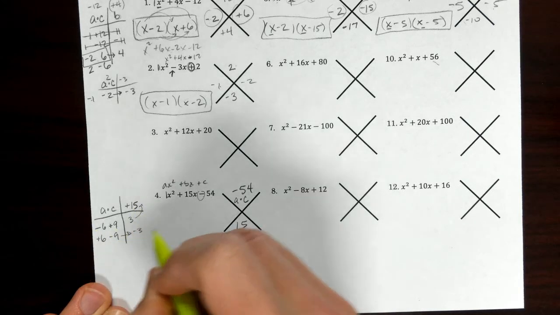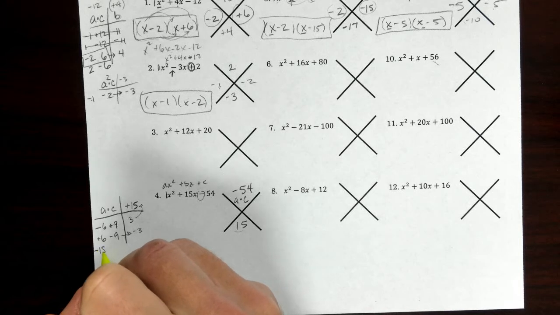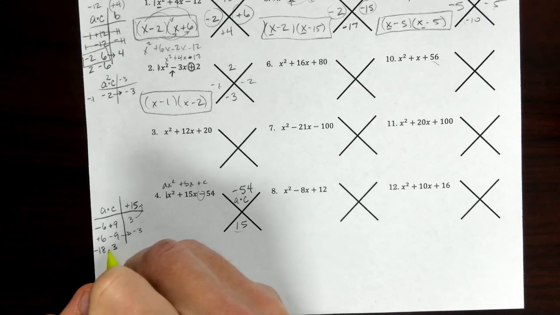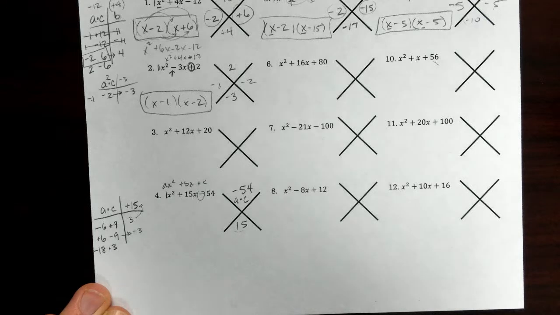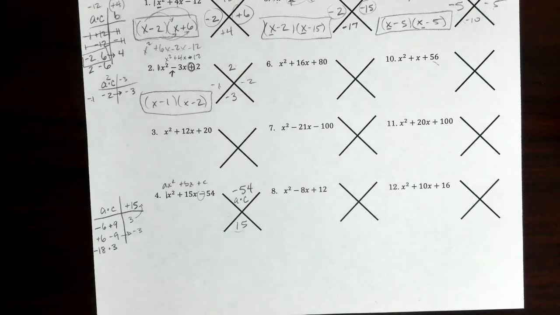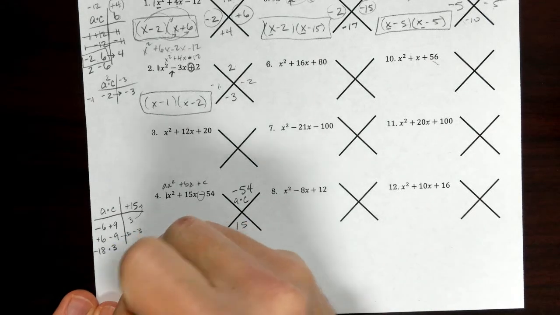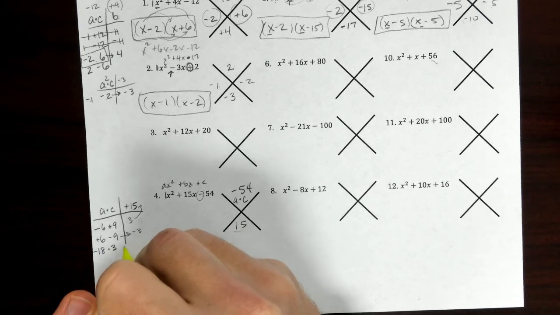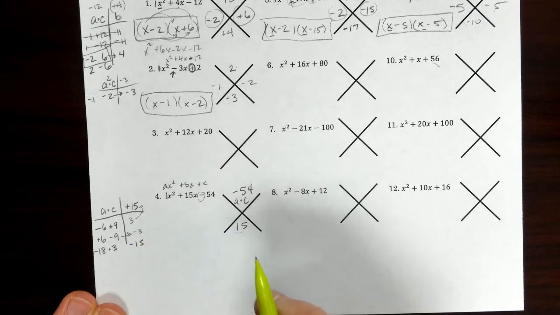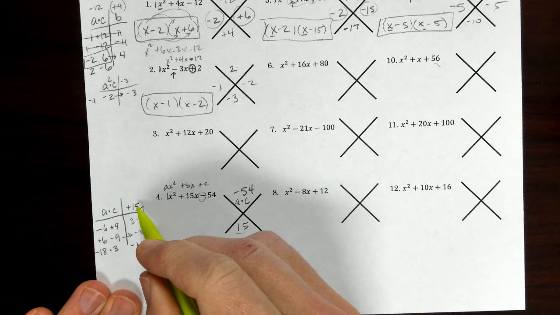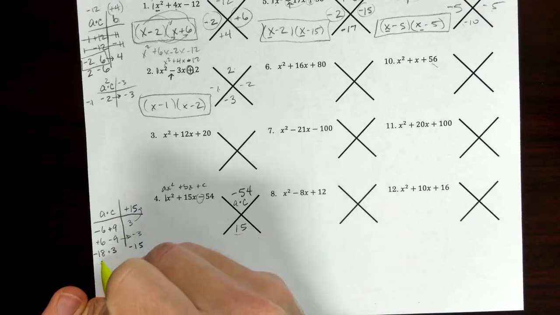All right, so some more factors. What about negative 18 and positive 3? Because negative 18 times positive 3 is a negative 54, but when I combine these, I get negative 15. Now again, I want a positive 15, so we know we're close. All we need to do is take these two and switch the sign.